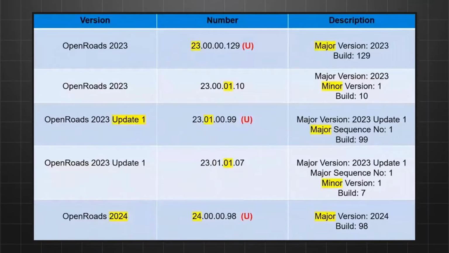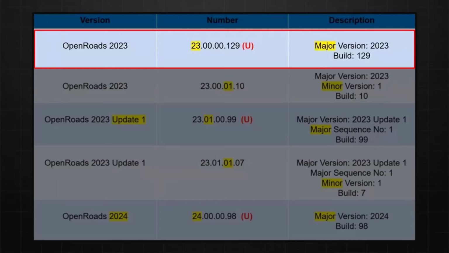Now, let me just walk through very quickly an example of this and just kind of show you. This is completely hypothetical, but it just kind of gives you an idea. So let's look at OpenRoads 23 release. And we actually released OpenRoads 2023 last year. That is the version number that we released, 23.00.00.129.